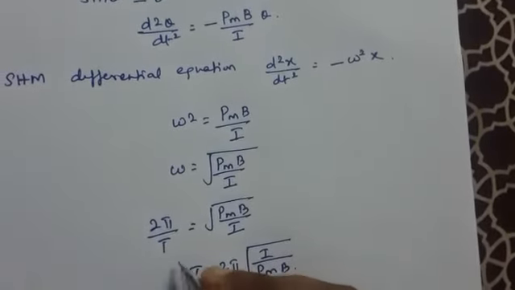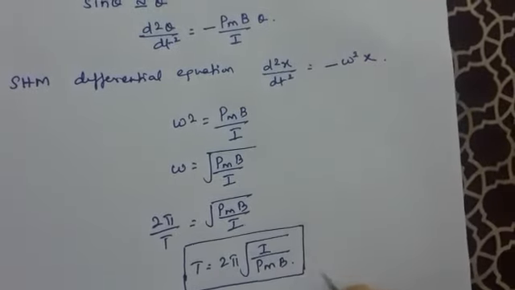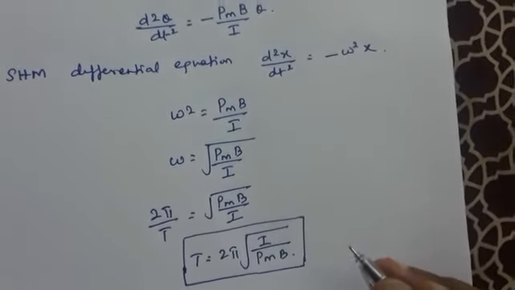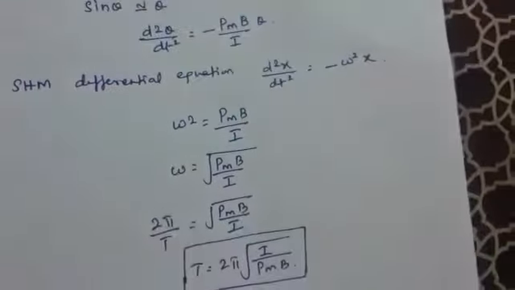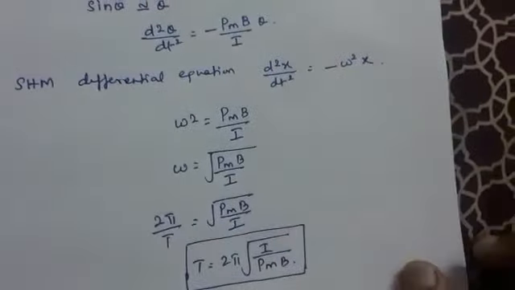Okay, so now you have proved this equation. We have got the time period of oscillation of a bar magnet kept in a uniform magnetic field. We have got the answer.